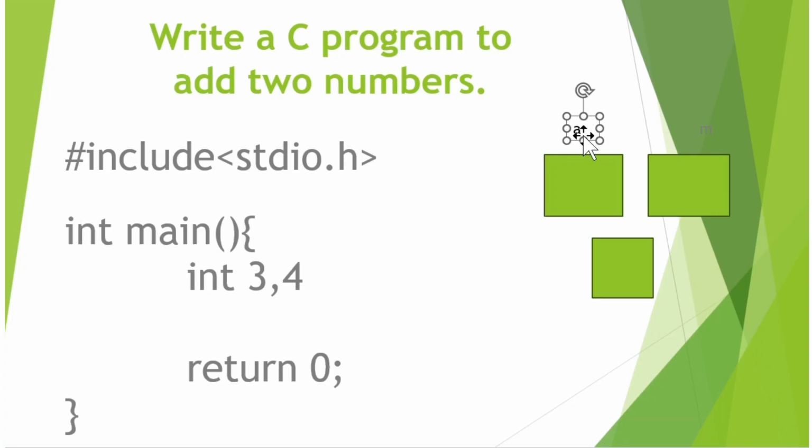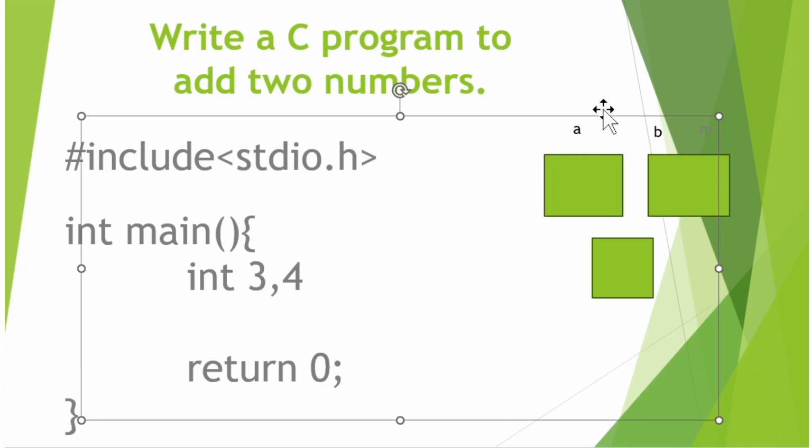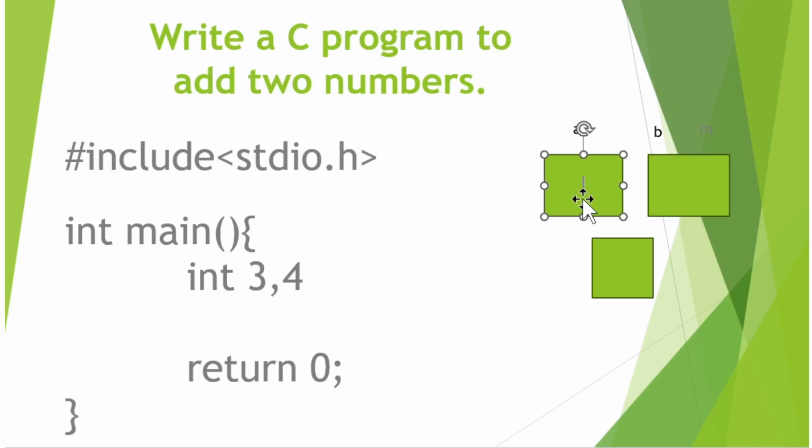And then again there is another storage space, this one, and I will give the name as B. So this is the A storage space and this is B. Now the number 3 is stored here and the number 4 is stored here.